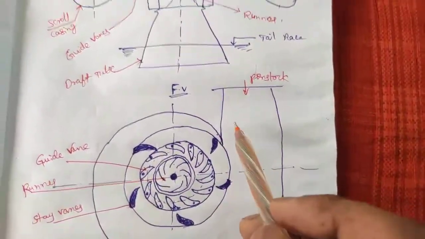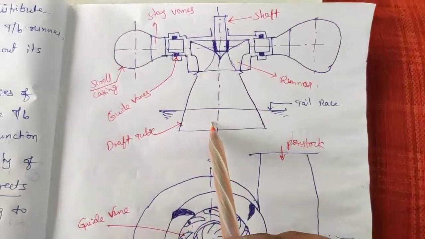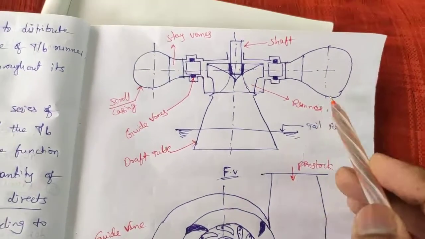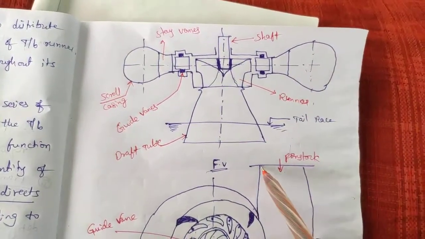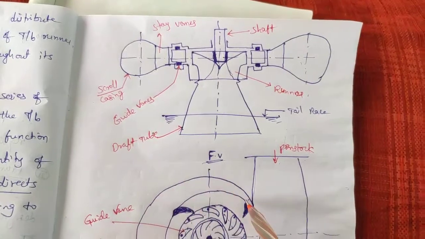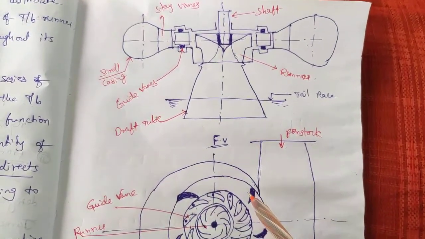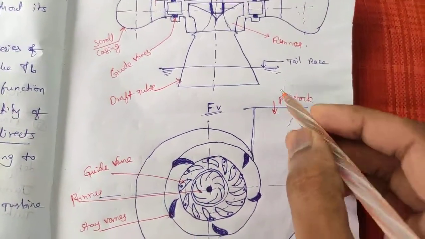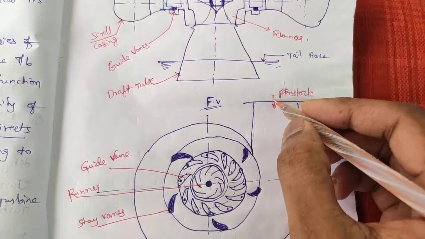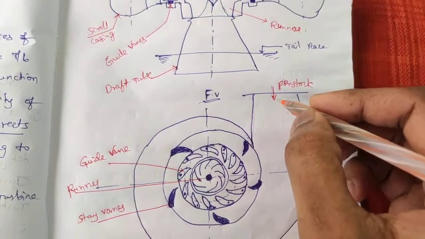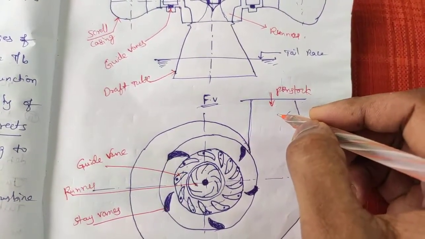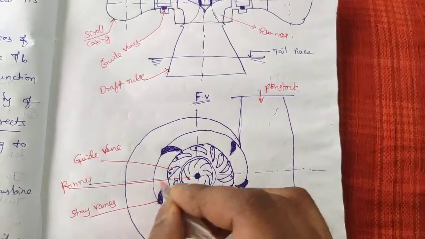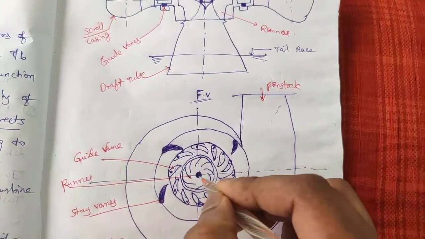So we see the diagram of the Francis turbine. Front view, this is the top view. So this is the scroll casing or spiral casing. The function of the scroll casing is it conveys the water and allows the water into the runner.